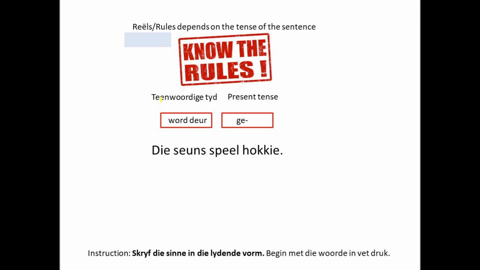The rules for a sentence that is written in present tense are like this. Whenever you see or identify a sentence to be in present tense, teenwoordige tyd, you will use these words: word, deur, en ge.